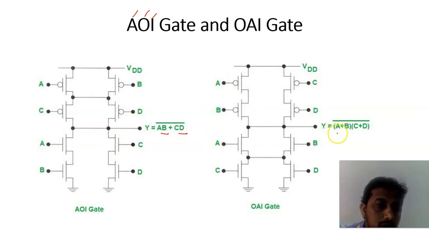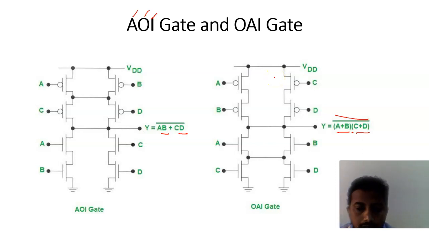This is an OR expression, then AND expression, then inverter. This is an OAI gate. So when you go for the AND-OR-invert gate, AOI gate, and the OAI gate.